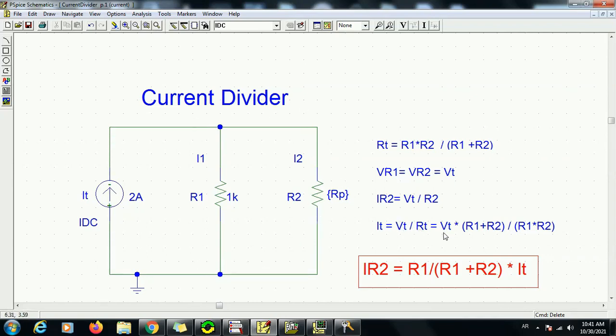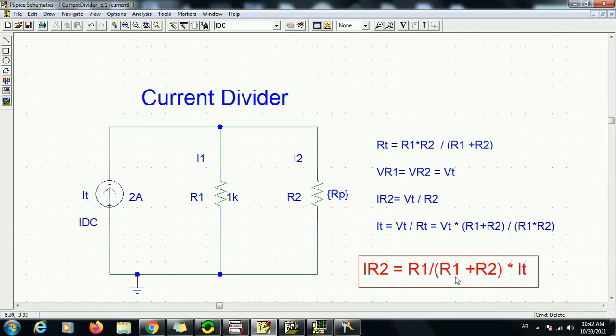So we find that this equals VT multiplied by R1 plus R2, divided by R1 times R2. From these two equations, if we divide IR2 by I total, V total will cancel, and R2 will cancel with this R2 here, and we come to this formula.